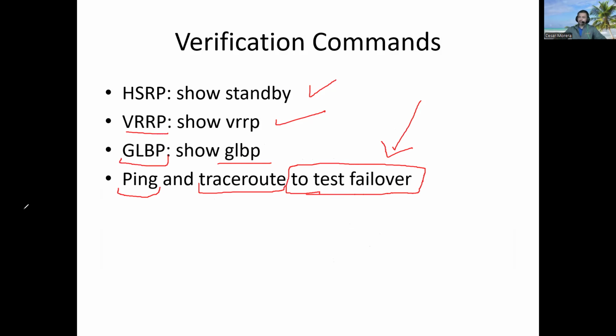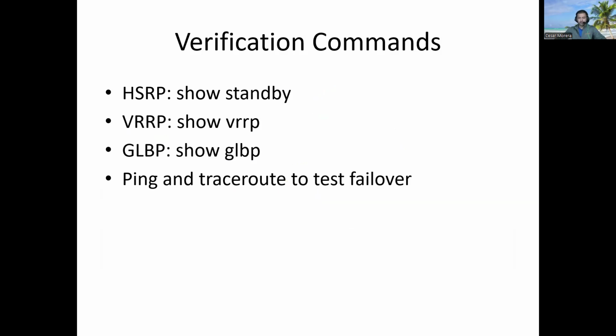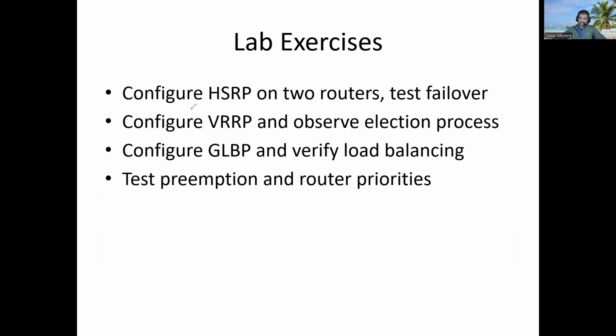Let's clear the board and continue moving on. This is an example. We will probably be covering some of these in future scenarios with Packet Tracer, but let me just change the color for a moment. These are some of the configurations that we can do. Configure HSRP on two routers and test the failover.